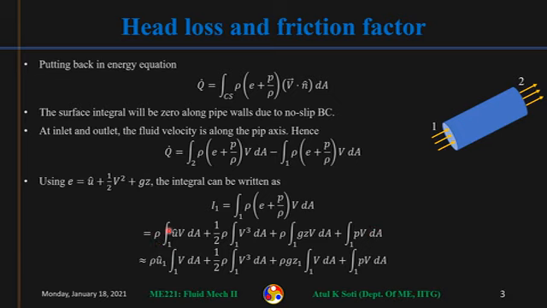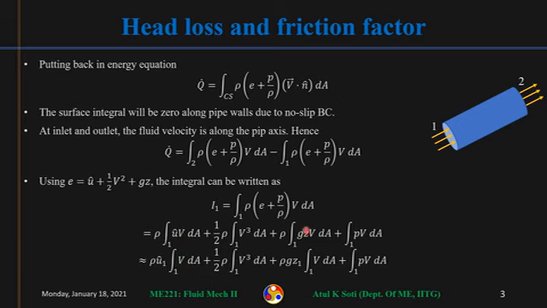Now what we do is we simplify this integral. So let us say this U hat we take outside. We say that this U hat is defined at the center of this cross section, U1, that is at the center of section 1, times the integral of VdA. This remains as it is.